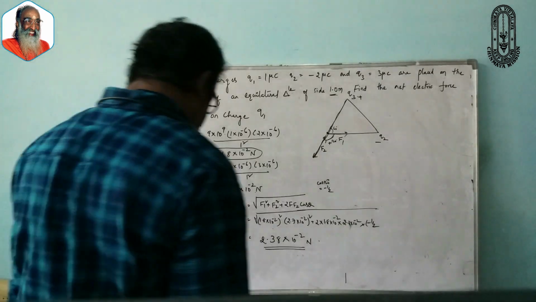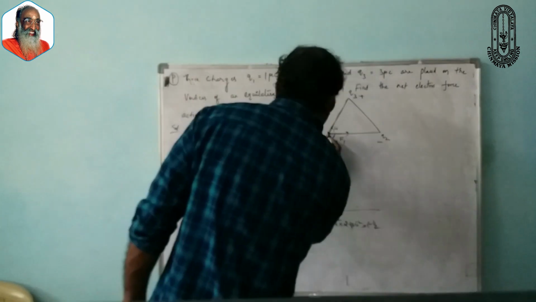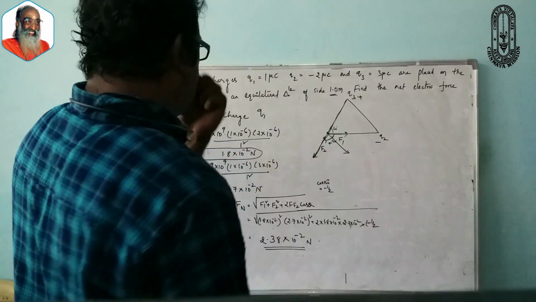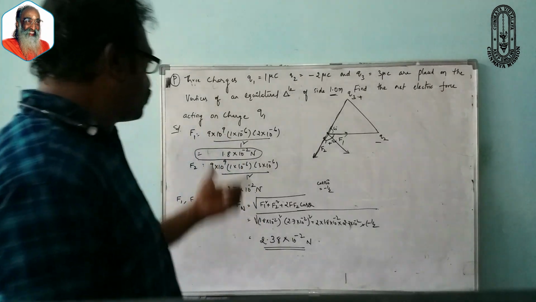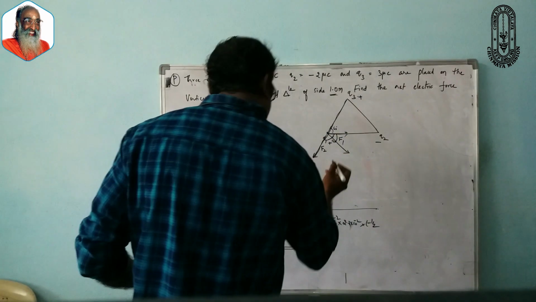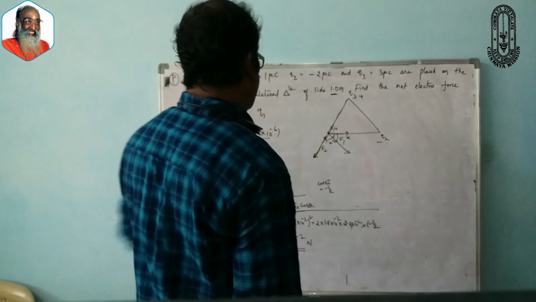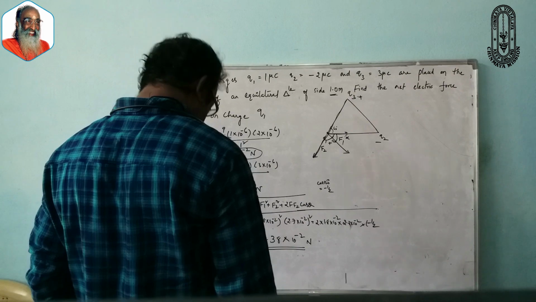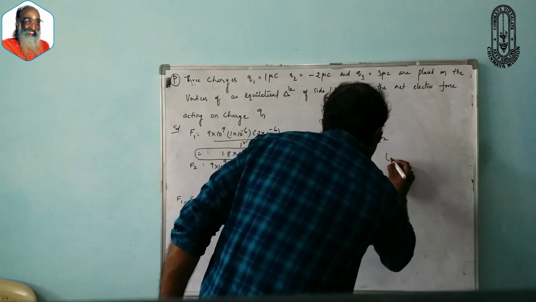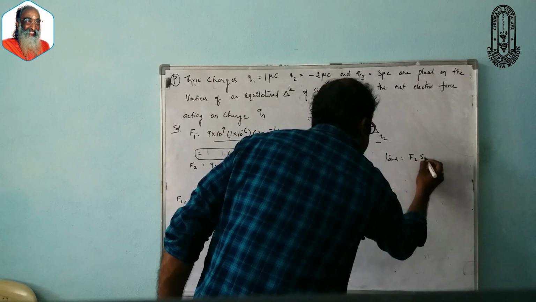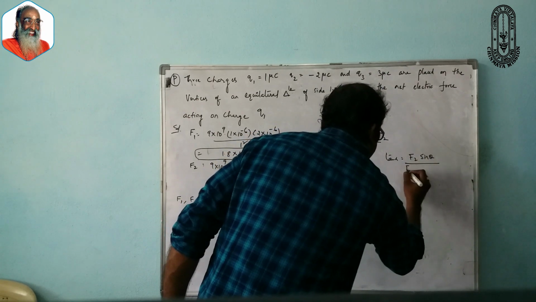It's F1 and F2, and you can understand that the resultant will be like this. And this is the magnitude. And how to find the direction? Very well, here it is. This is for finding the resultant, the angle made by the resultant with one vector, with F1. So the formula for it is tan alpha equal to F2 sin theta by F1 plus F2 cos theta.